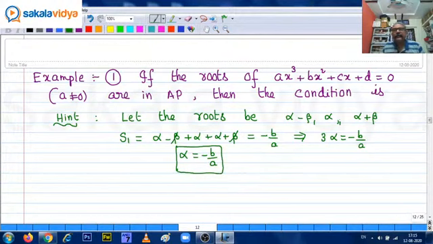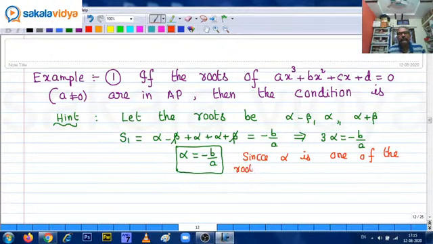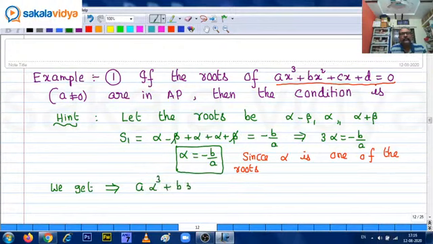Since alpha is one of the roots, that means alpha must satisfy this equation. So we get a alpha cube plus b alpha square plus c alpha plus d is equal to 0.